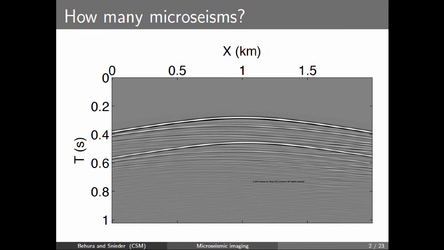But there could be two, like there are two prominent events there, or there could be multiple, right? And since this is not a quiz, the answer is there are two sources that generated this data. But now if you image this data, you might end up with multiple microseisms in the image. And that's an issue, right?